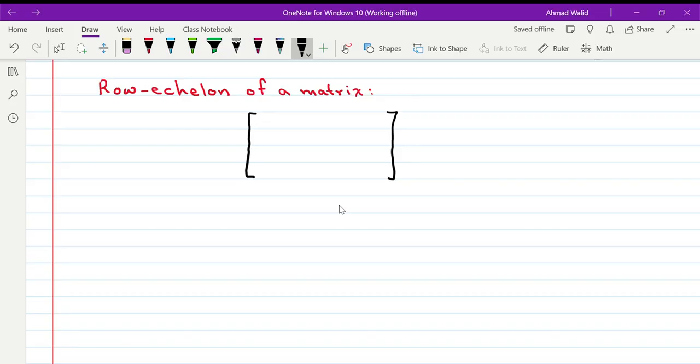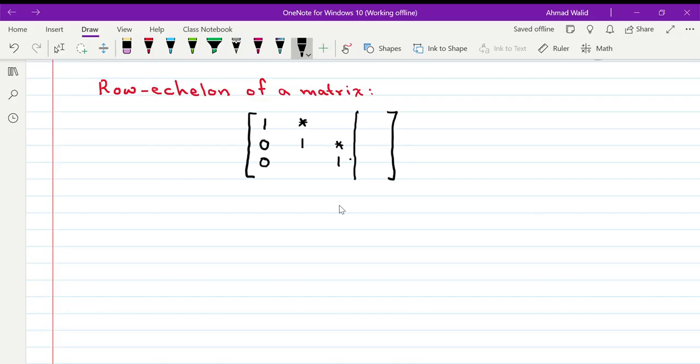How? This is your main diagonal row, correct? And this is your vertical bar. If you change a matrix in this form to get ones in your main diagonal row and below the ones, because it's a 3 by 3 matrix, zeros, here for example a number, because I'm working with general form, I'll just put a star for you, correct?